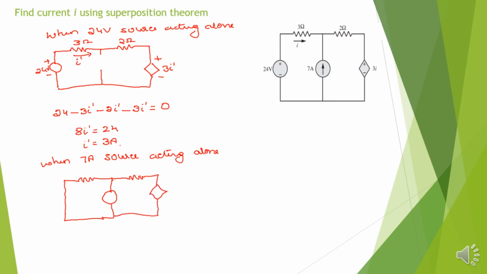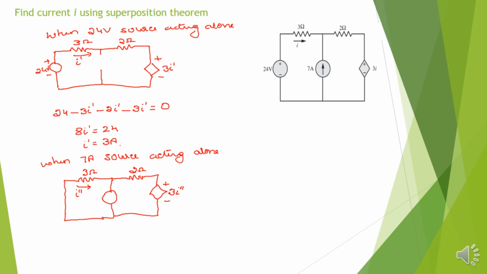Now this current I will take as I double dash. 3 ohm, and this is 2 ohm, plus minus 3I double dash.